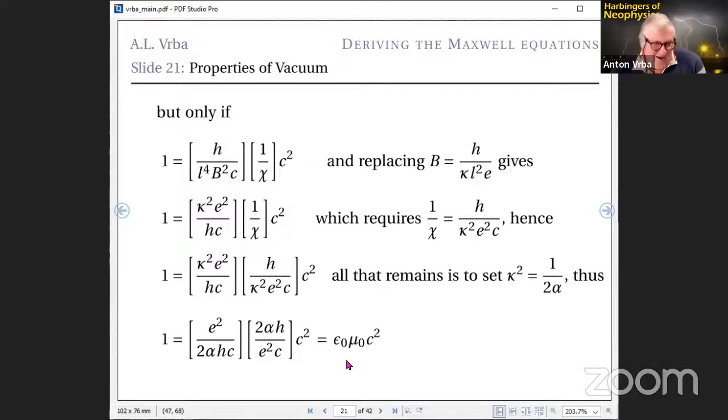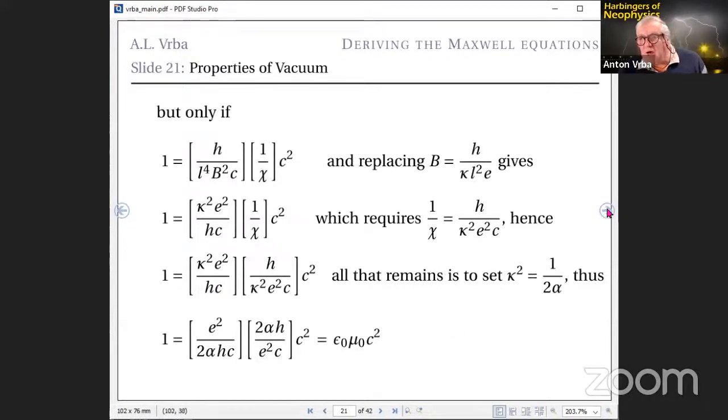This contrasts with what Faraday and all the earlier pioneers did. Coulomb defined epsilon 0, and I think Ampere defined mu 0. If I didn't know what the fine structure constant was, we would have stayed at mu 0 being kappa squared E squared over HC.